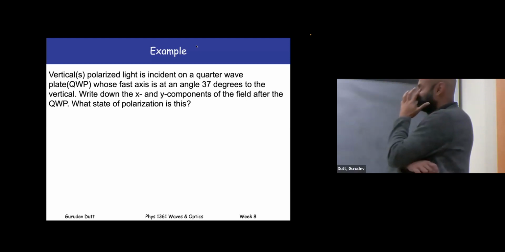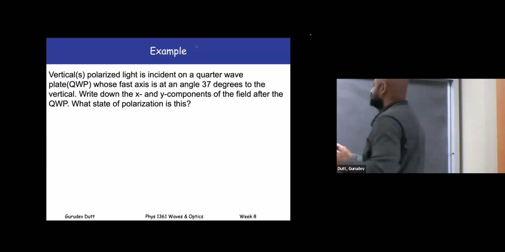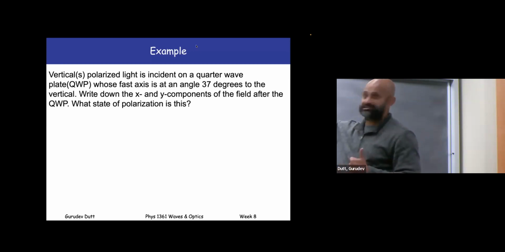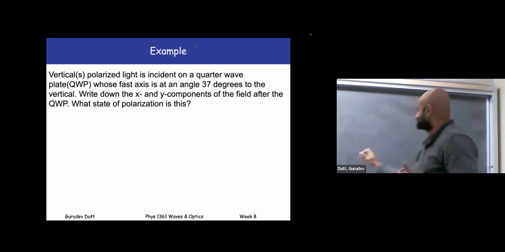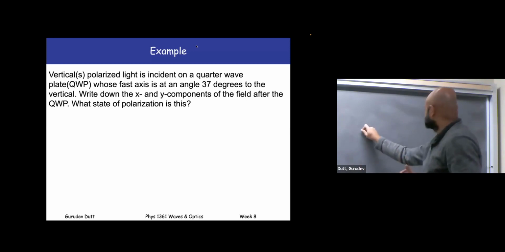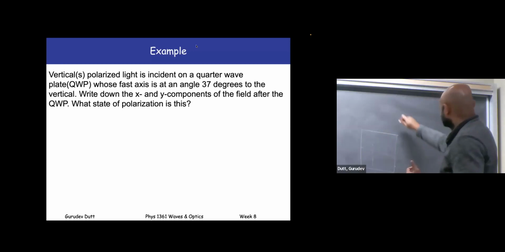The other thing I should point out is another way to think about it if you're a little bit confused. In this one, what's slightly different is that the fast axis is rotated and the polarizer is said to be the same, whereas in the cases we have considered so far, the fast axis is usually vertical and it's the angle of polarization that has been rotated.